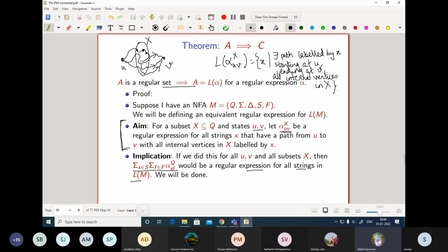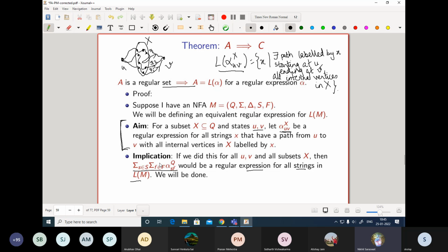The only condition is all the paths have to start and end at U and V respectively, and all the internal vertices of these paths must lie in X. Consider all these paths. Okay, so they look at the labels of the path. Suppose this is X1, this is X2, suppose this is X1 again. So that means X1 and X2 should belong to the language of alpha X UV. Clear?